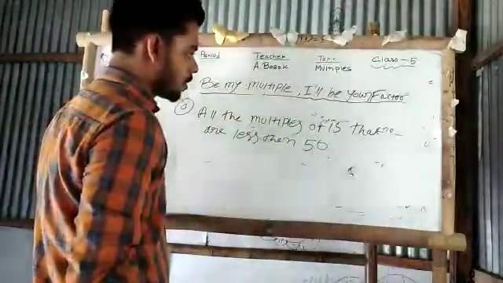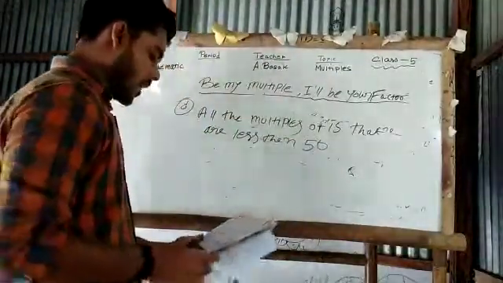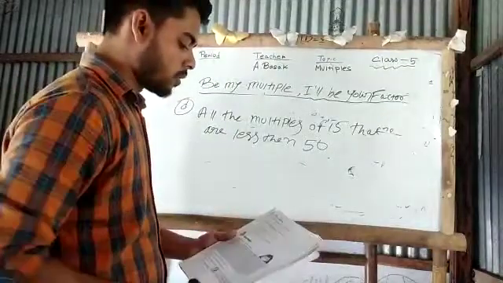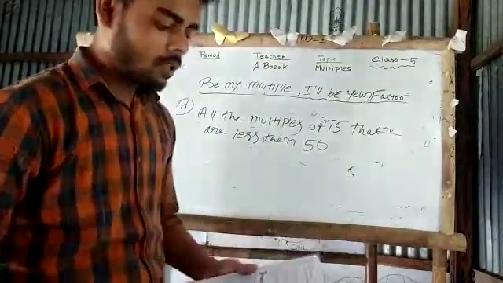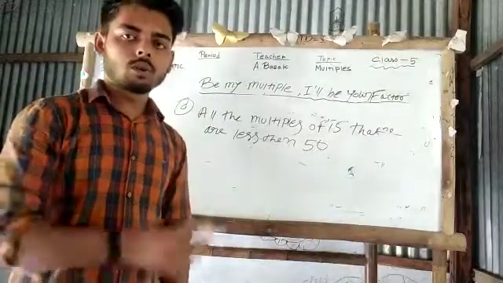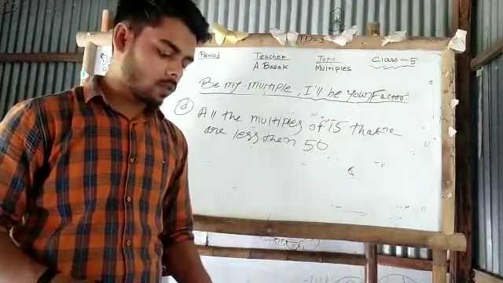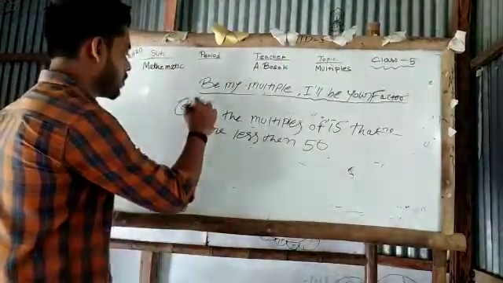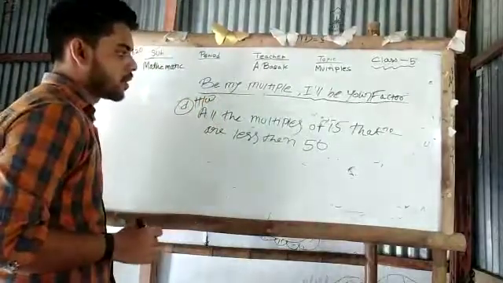Okay, so this question is exactly the same as the previous one, that is all the multiples of 12 that are less than 60. Both the questions are same, just numbers are different. So try to solve the question by yourself as a homework.